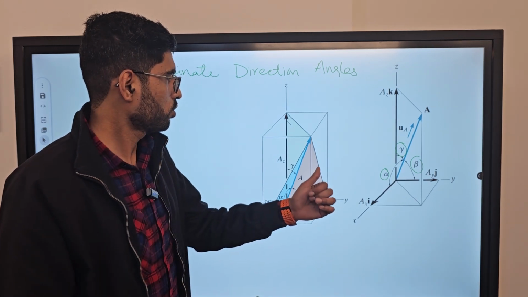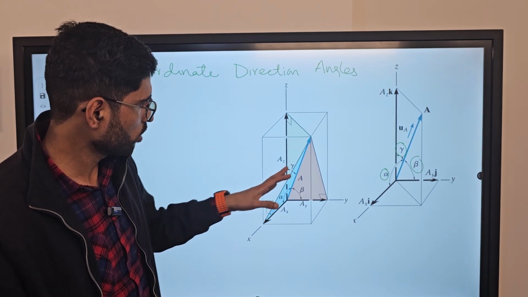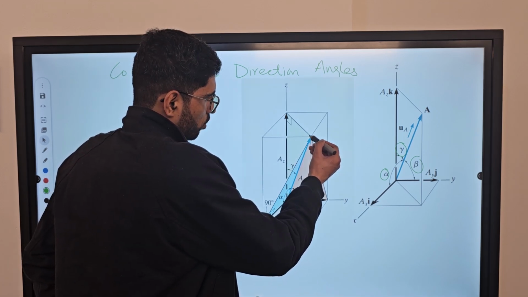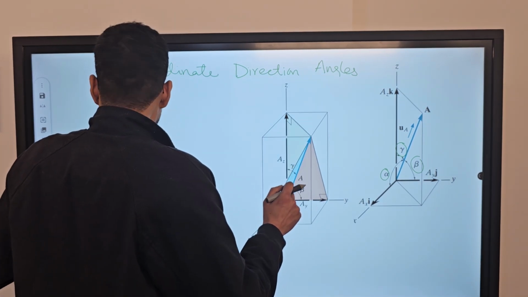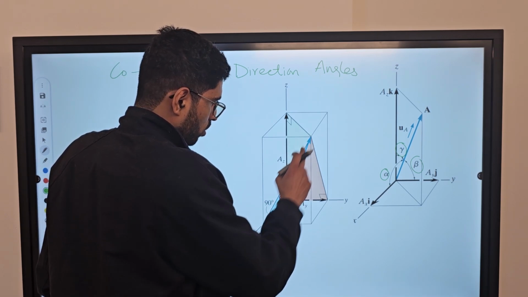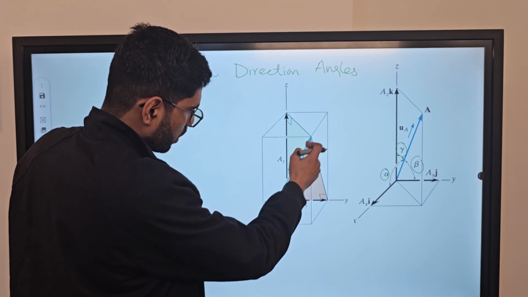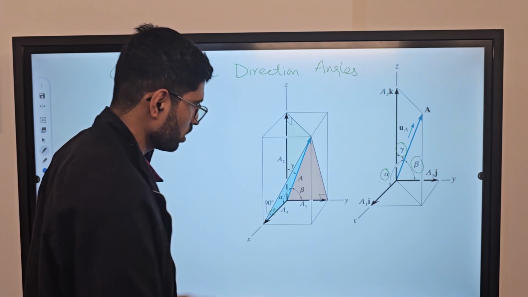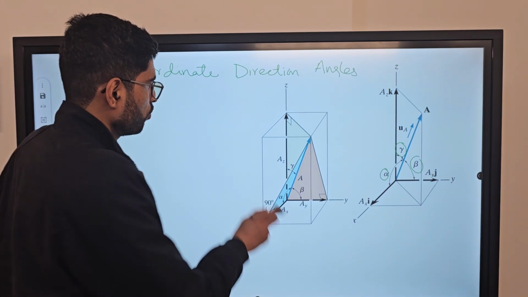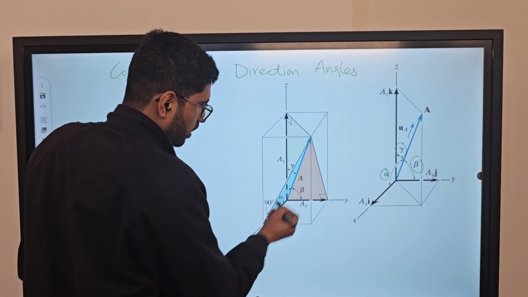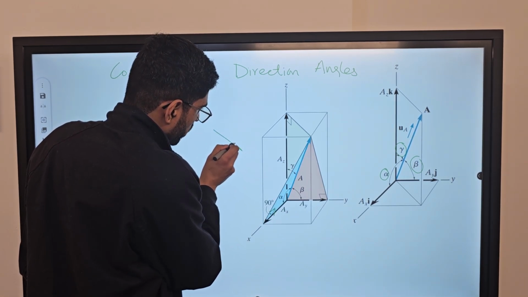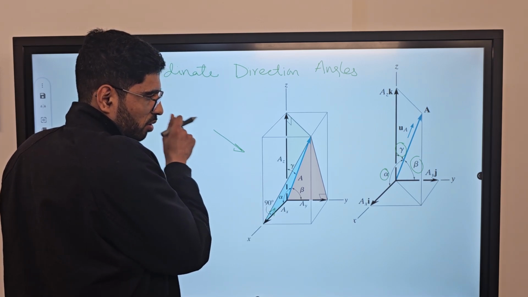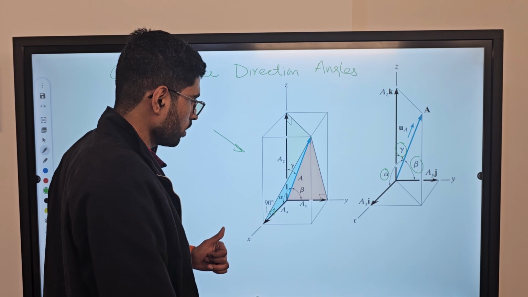Now if we look into this diagram, and into the blue triangle, if I drop a perpendicular from the head of this A vector onto the x-axis, a line which makes 90 degrees with the x-axis, and we observe that blue triangle from here, then we will be able to see a right angle triangle.